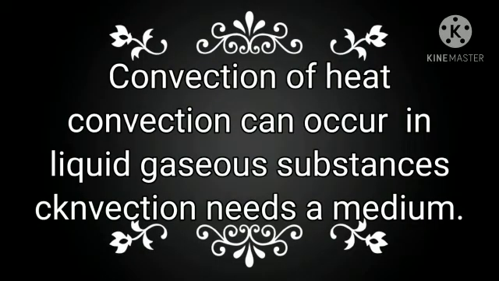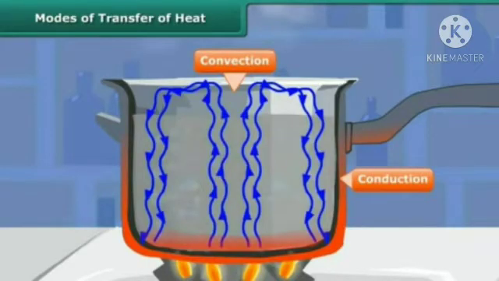Now the second one is convection. In liquids, heat is transferred by means of convection. When heat is supplied at the bottom of a container, water at the bottom warms up first. As warm water has lower density, it moves upwards and it is replaced by the surrounding cold water.